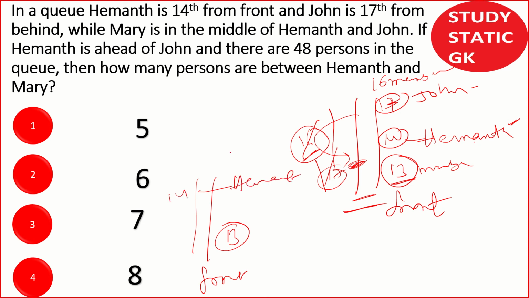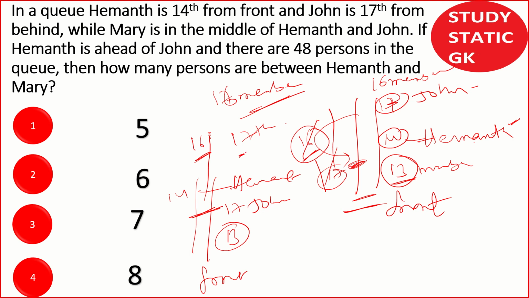Hemant is 14th. Behind John there are 16 members. So John is 17th member from behind, but let us assume John is over here, so here 16 members are maybe there, right? So John may be in front of Hemant. John may be behind Hemant also.